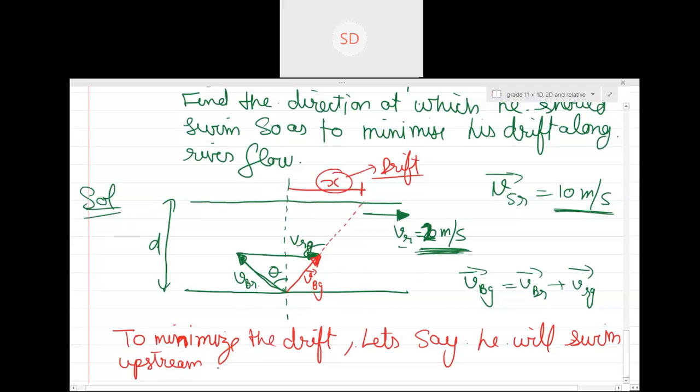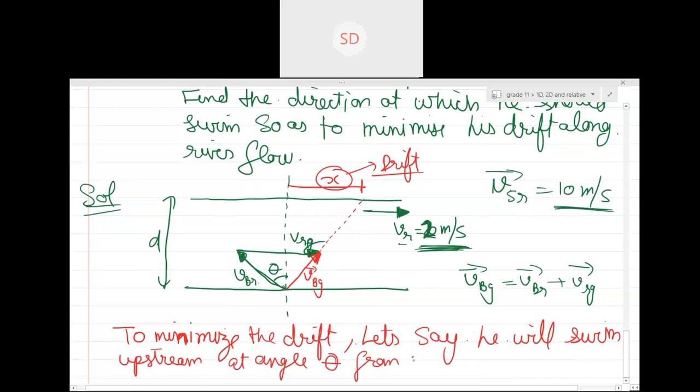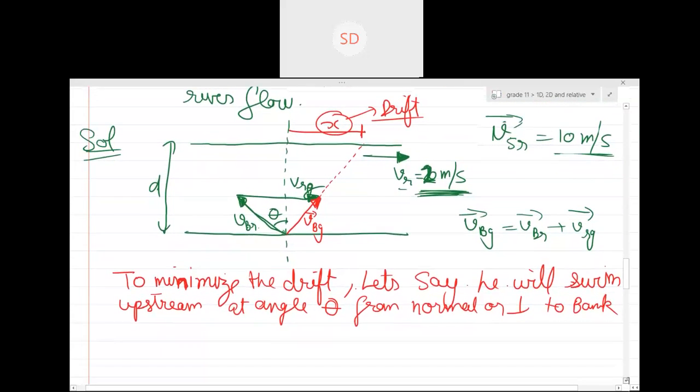He will swim upstream, let's say at an angle theta from the normal to the bank. Instead of writing vertical, you will write normal to the bank. That is much more appropriate. So basically, you need to flow like this.